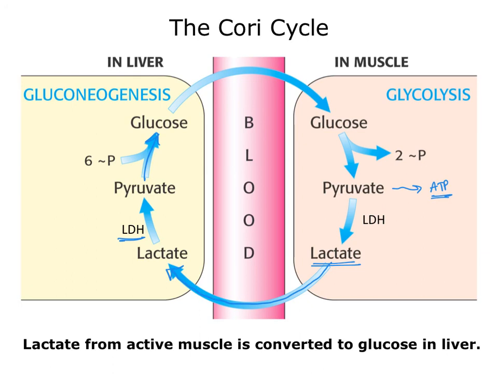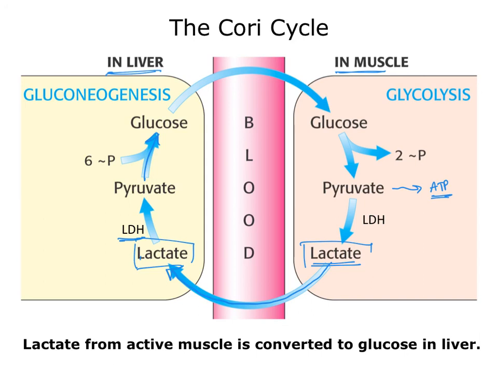The Cori cycle refers to this shared responsibility, this symbiotic pathway between the muscle cells that are producing lactate and the liver cells which are utilizing lactate to produce glucose.